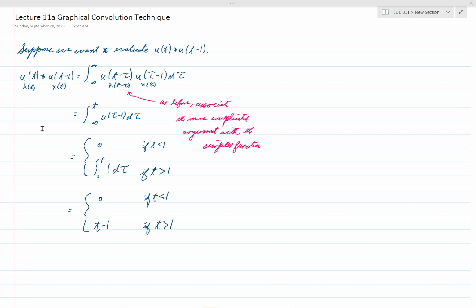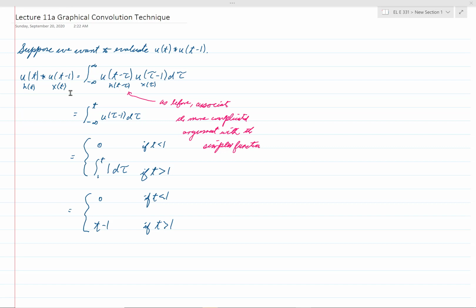Now, you know that we can write the integral as the integral from negative infinity to infinity of h of tau times x of t minus tau d tau, or as the integral from negative infinity to infinity of h of t minus tau times x of tau d tau.